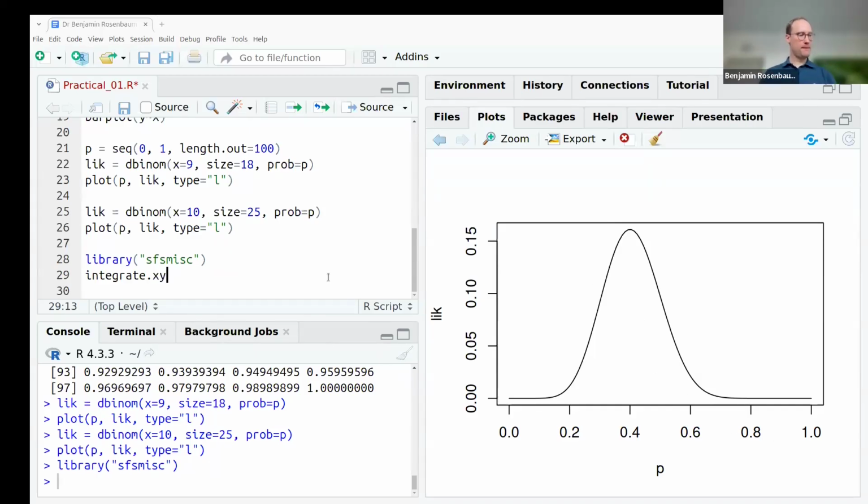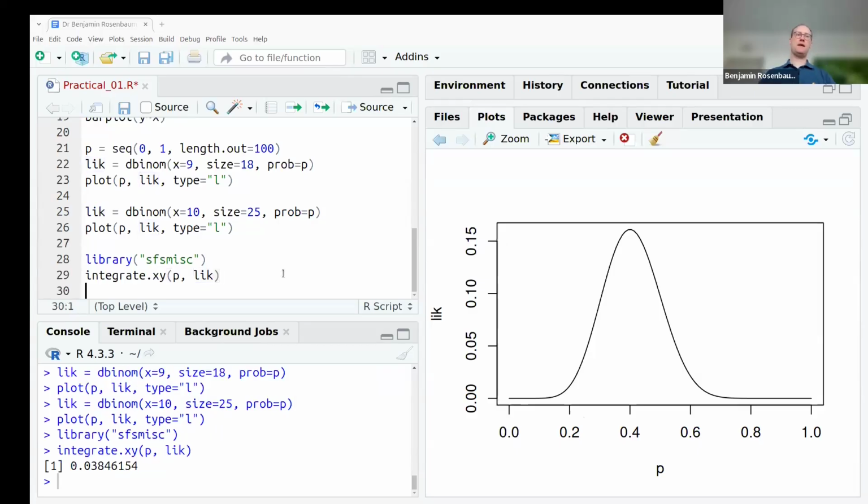So here, if we put in x values and y values, the x values are given by p, and the y values are given by lik. So p is a vector of the x-axis, and likelihood is a vector of the y-axis. And here I can calculate this value. That gives me the integral, or the area under the curve here, which is much smaller than 1.